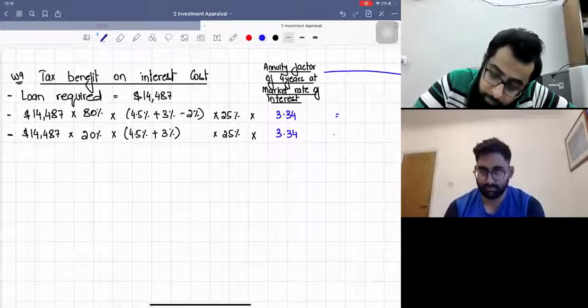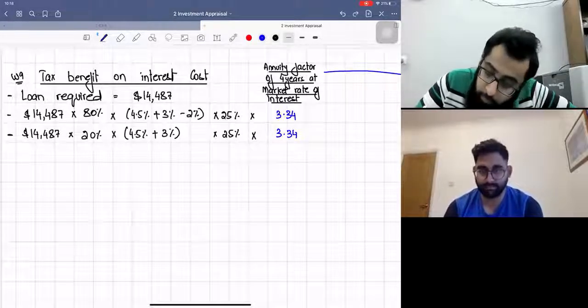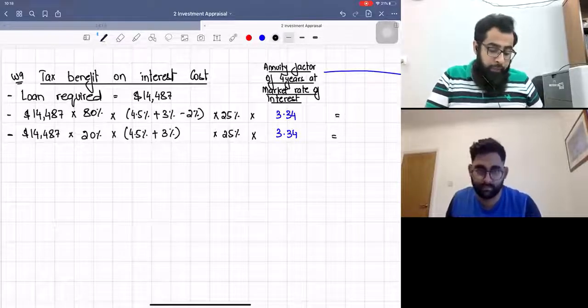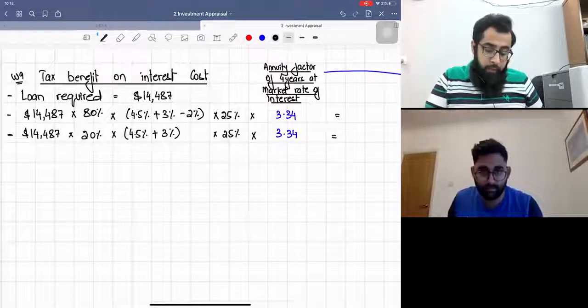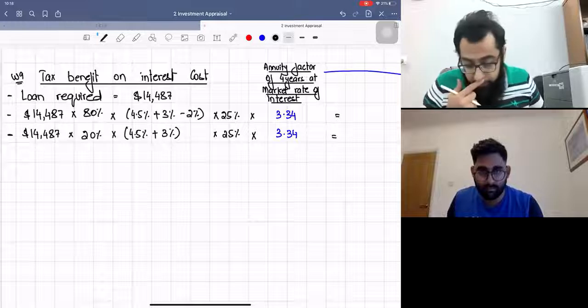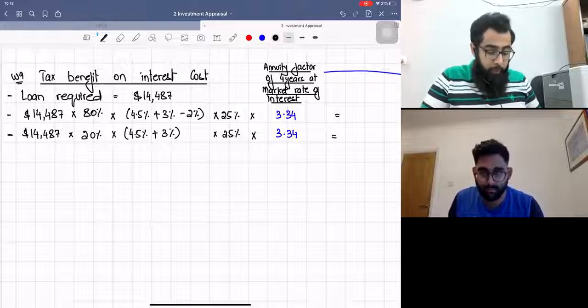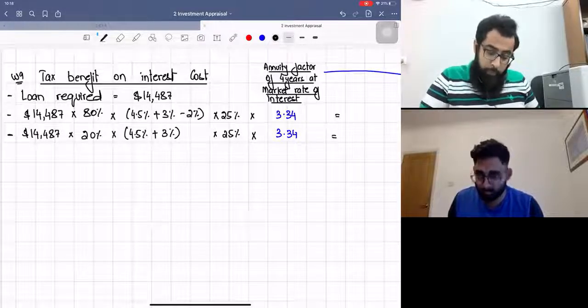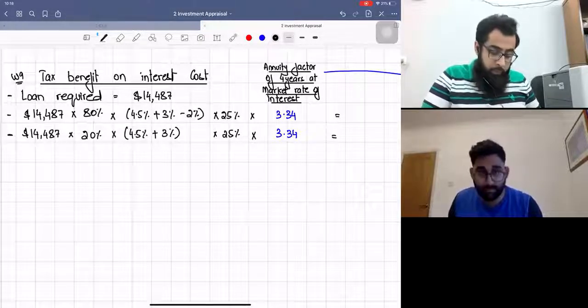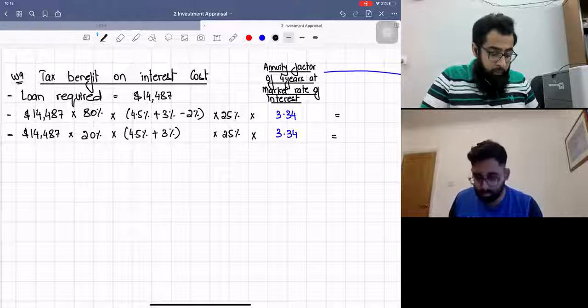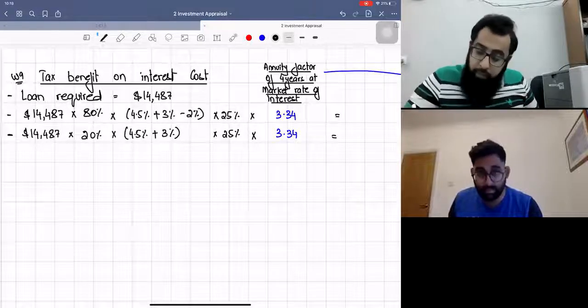So, what will be the tax benefit of interest? 14487 into 80% into (4.5 plus 3 is 7.5, minus 2 is) 0.055 into 0.25 into 3.34. So this is 532.